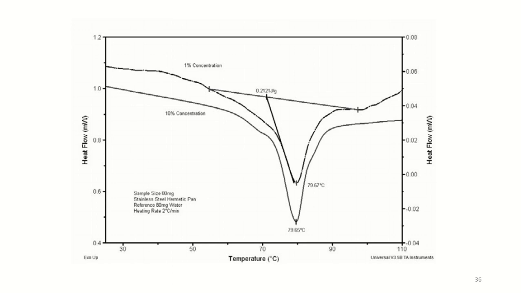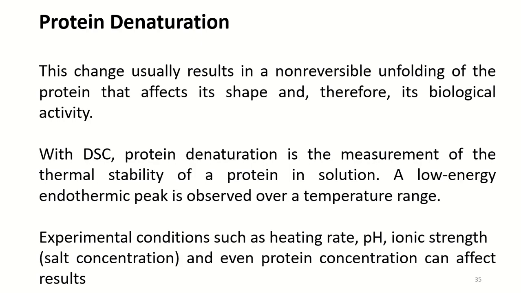In order to minimize the opportunity for aggregation of protein, most measurements may be performed at relatively low concentration. Relatively low concentration means 1% or 10%, 10 mg per ml of the solution.